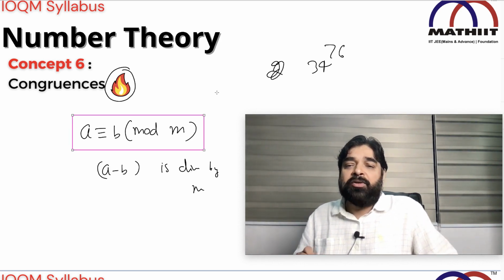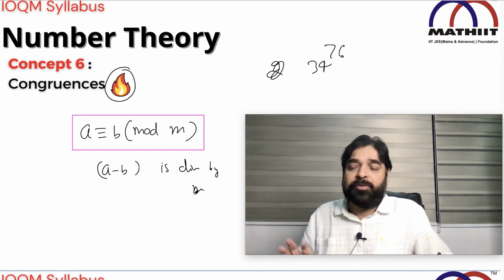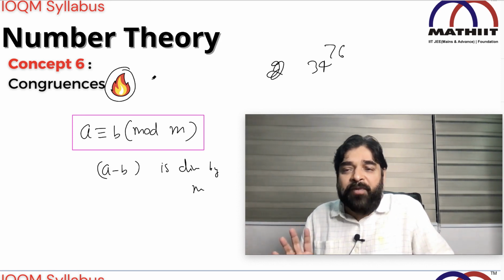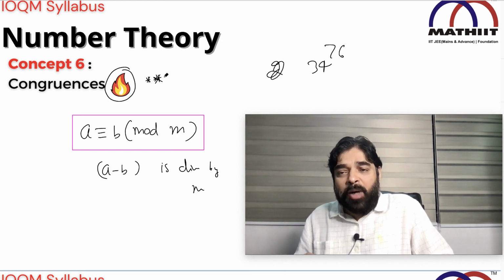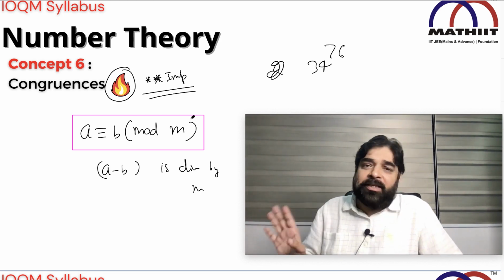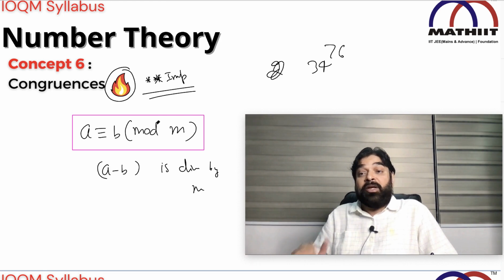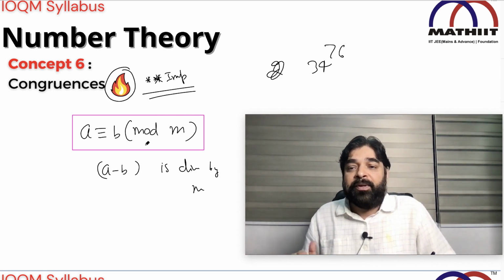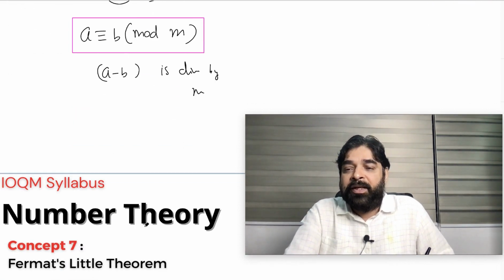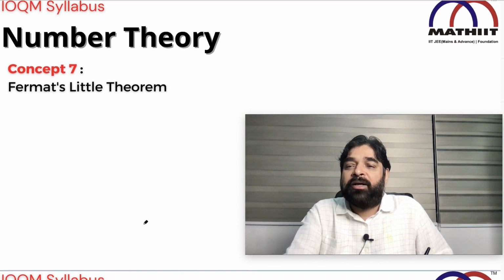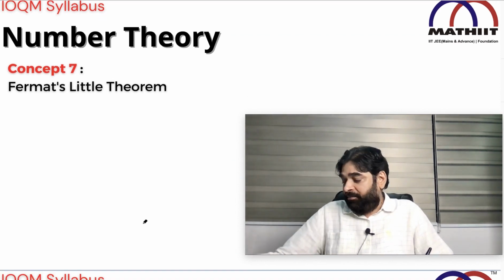Congruency is very, very important. You have to study it, no other choice. You cannot leave it. Then only you can enjoy number theory. Understood my point? Next, coming to Fermat's little theorem.